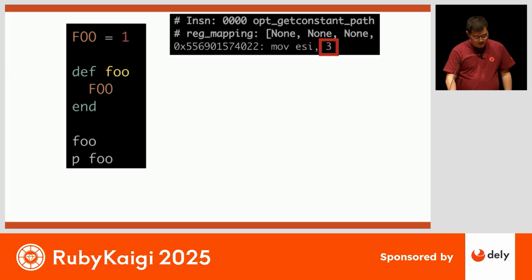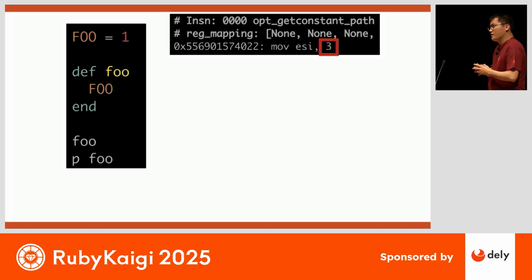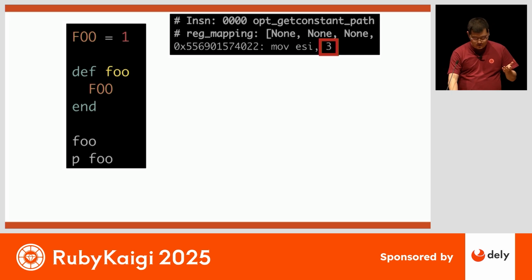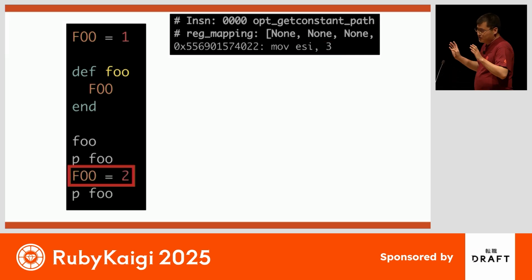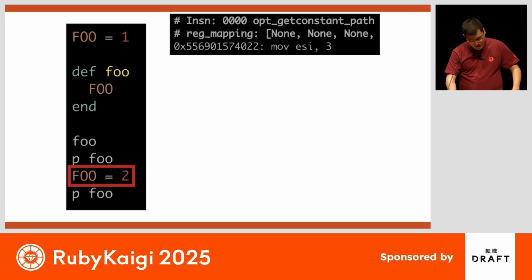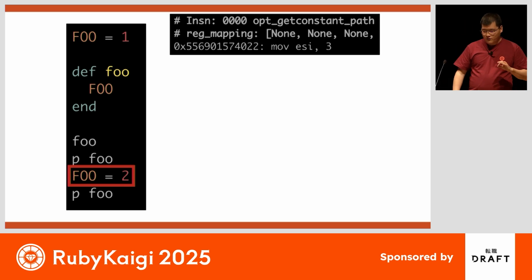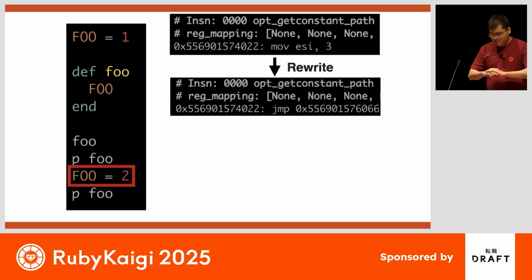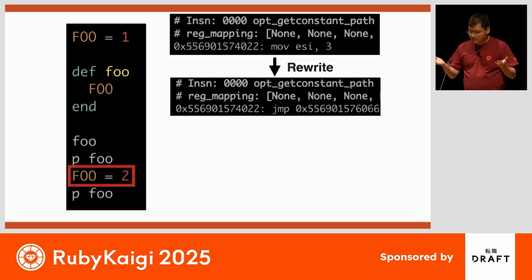But if you do this, then the machine code will always return integer 1 from the method foo, but that's not necessarily true if the constant is redefined, because Ruby's constants are just another kind of global variable. It's not actually a constant, and could be redefined at any time. When it happens, YJIT patches the code and rewrites it to another instruction called jump.